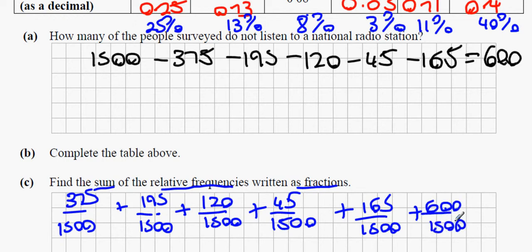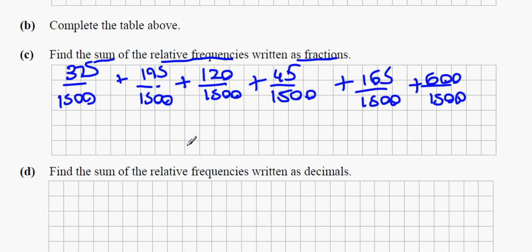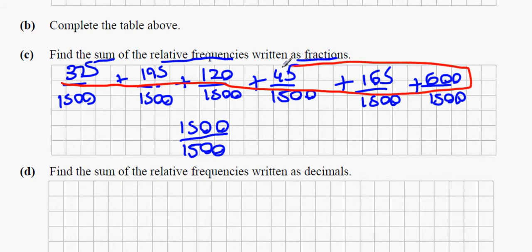The sum means add all the relative frequencies together. When you're adding fractions, you only ever add the top. So you just add the top part here, and what we get is 1,500 over 1,500, which equals 1.